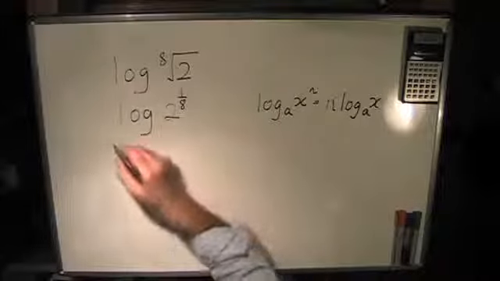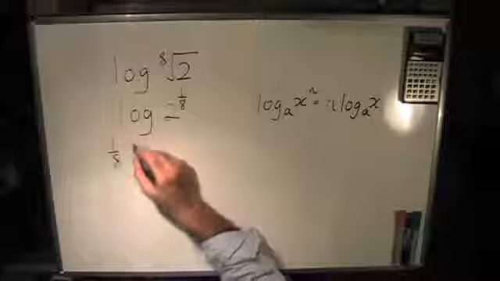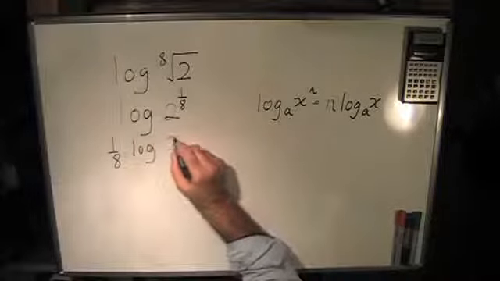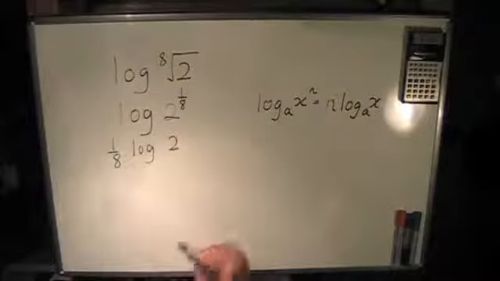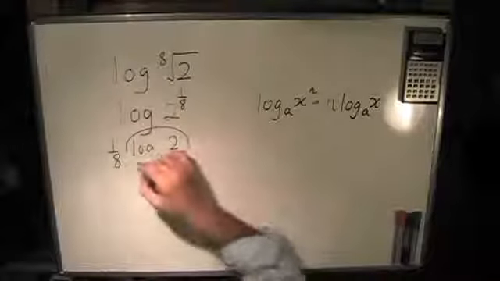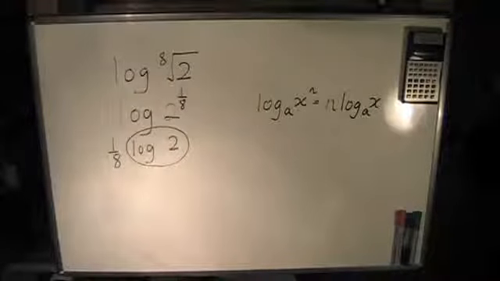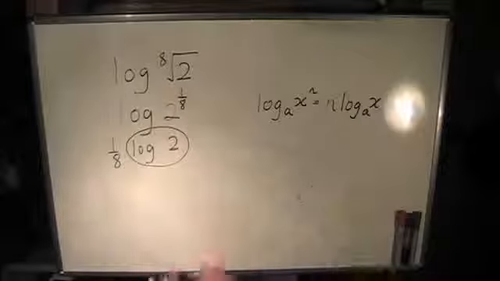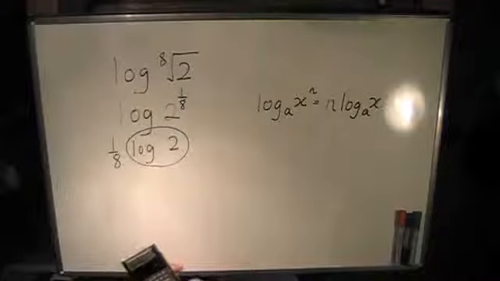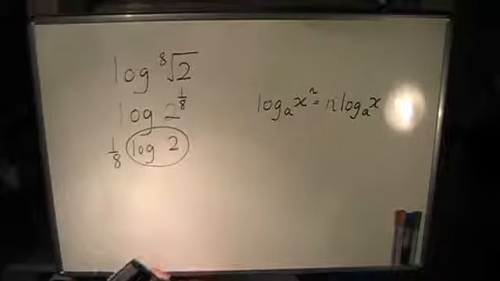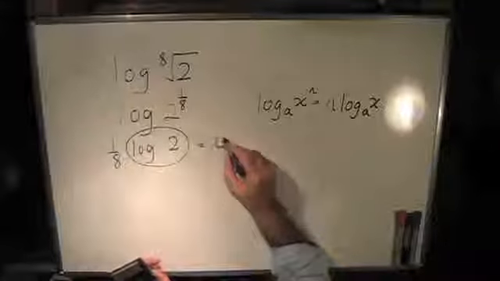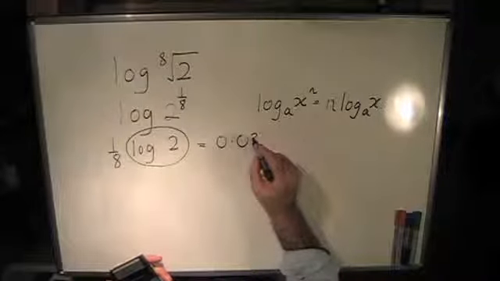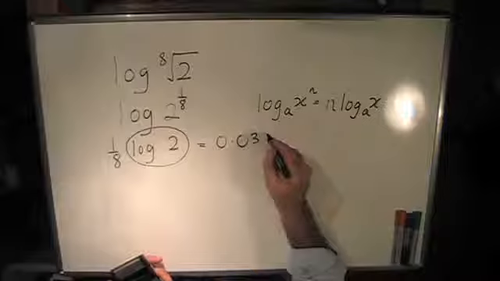So in this case we can bring this 8th down and in effect work out the logarithm of 2 and then divide it by 8. And if we do that, you get 0.038.